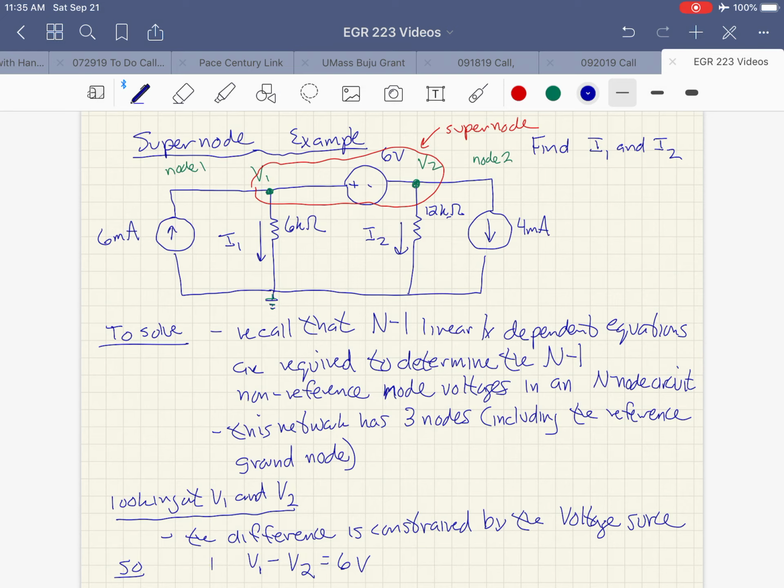That's our first equation. We said we needed 2 equations to solve. We have 2 unknowns, V1 and V2. So that is actually our first equation, and that is called a constraint equation.